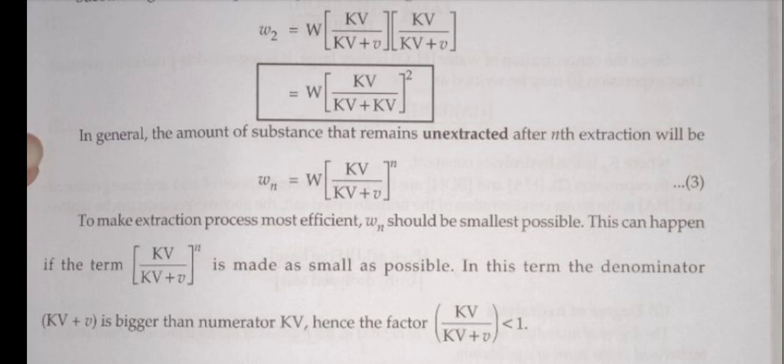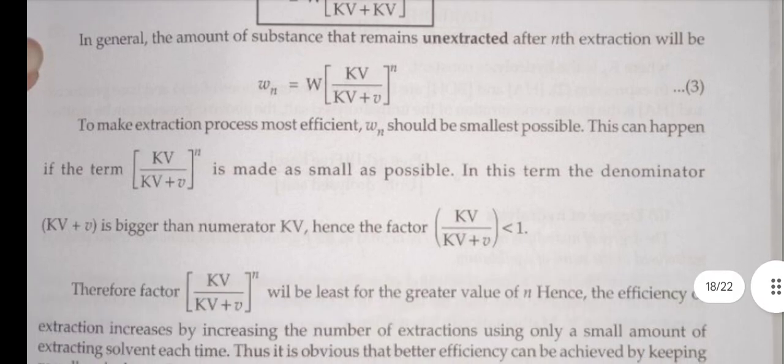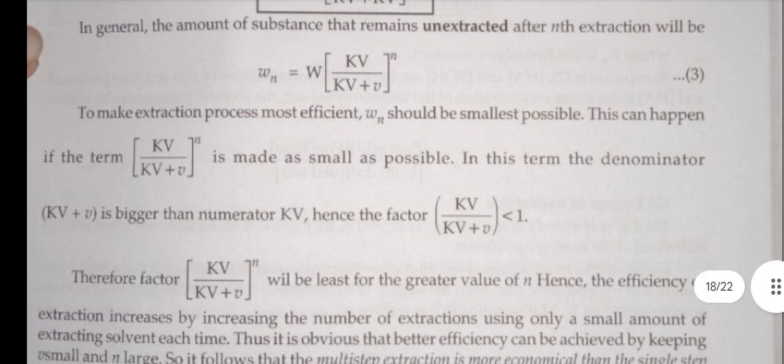This can happen if the term is made as small as possible. In this term, the denominator KV plus V is bigger than the numerator KV. Hence, the factor KV upon (KV plus small v) is less than 1.